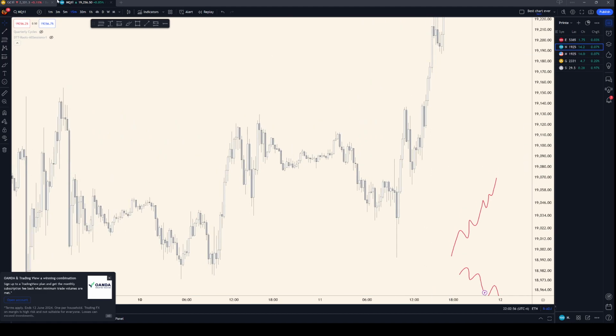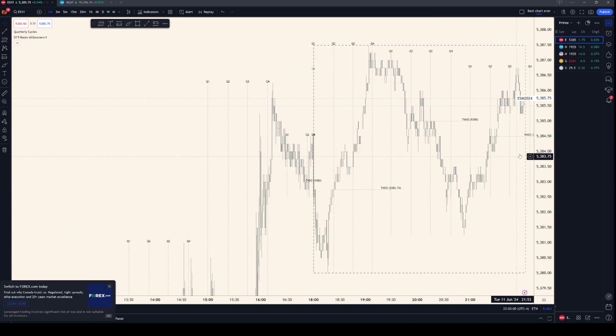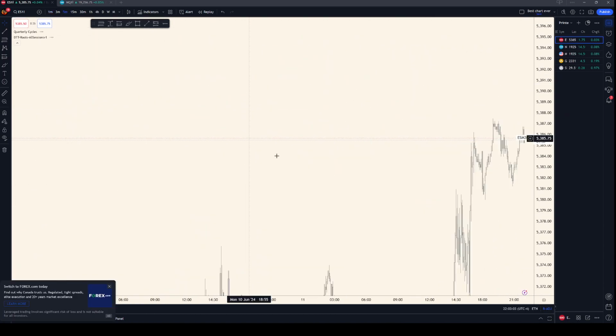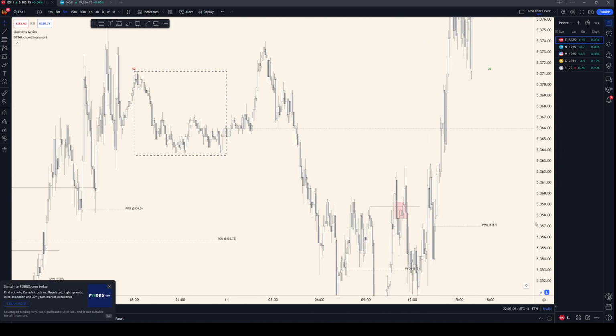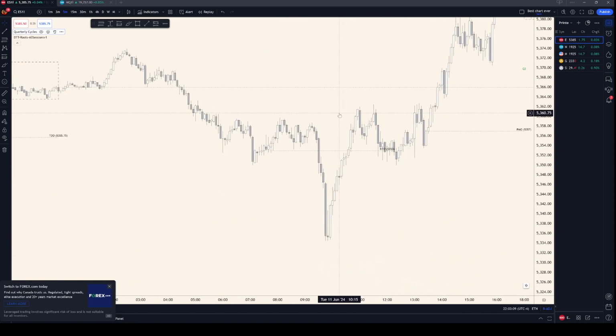Let's see if we can find an example. Usually it happens in the open. I believe it happened this morning, where I think it was ES that was trying to go lower and Nasdaq was just trying to go higher.